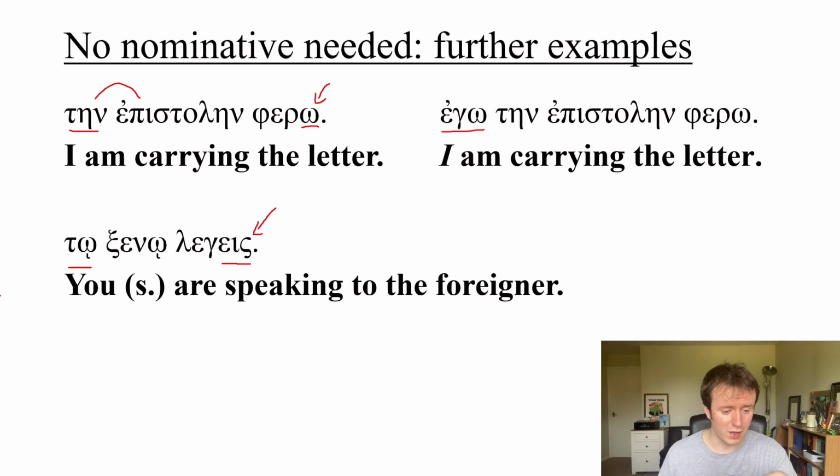Although, of course, you wouldn't need to actually specify that it's singular if you were translating a story. I've put that there just for clarity's sake. But of course, if you were translating a story, you would just say you are speaking to the foreigner or you speak to the foreigner without putting the S in brackets there.